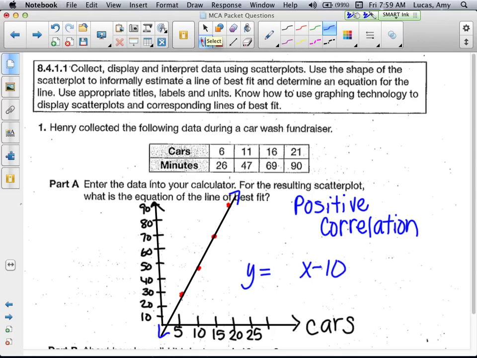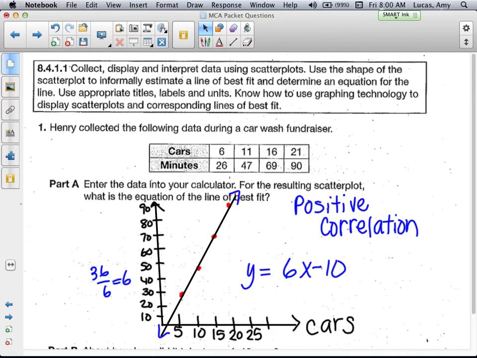And my slope seems like it's going up about 10, 20, 30, we'll say about 36 if that point was at, so it's going up about 36 over 6, so about 6 it looks like. So it looks like it's going up about 6 over 1. If I graphed this on graph paper, you could get a more accurate line of best fit and a more accurate equation, but I'm not too worried about it on this estimate.